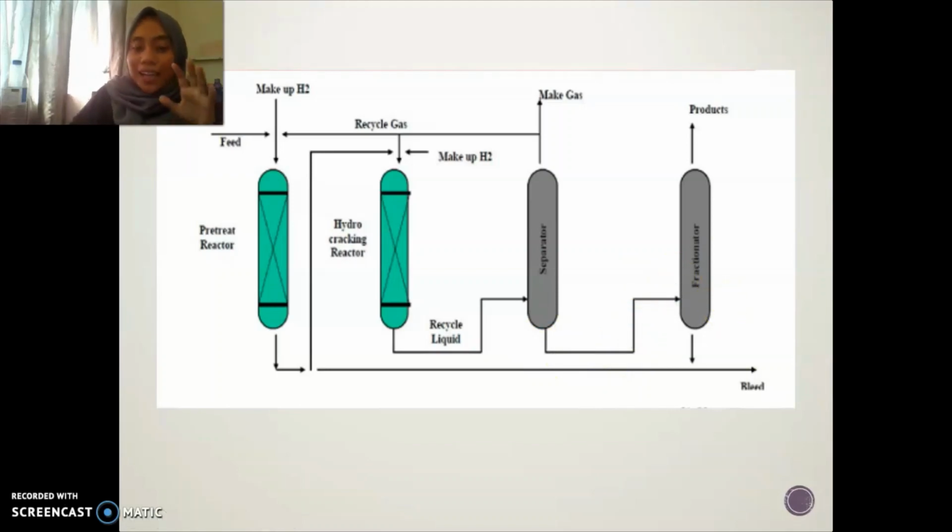So here at the fractionator, the product is separated according to its boiling point, and the products produced at the fractionator are the middle distillate, heavy naphtha, lubes, and olefin. The product will be discharged at the top of the fractionator.